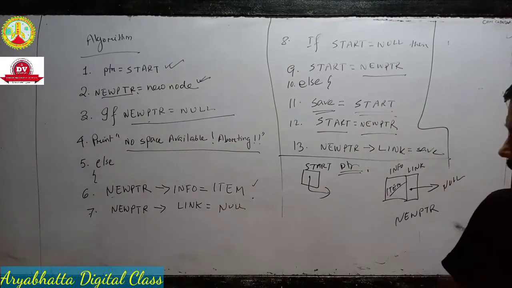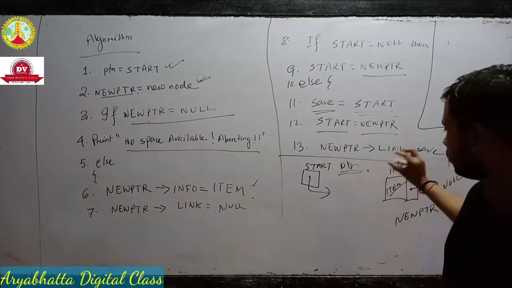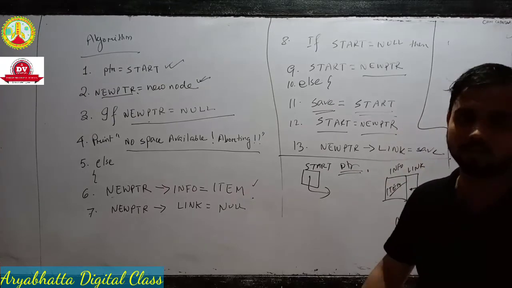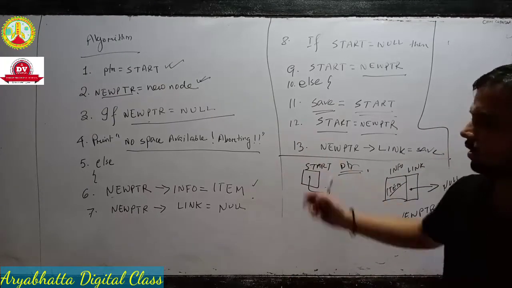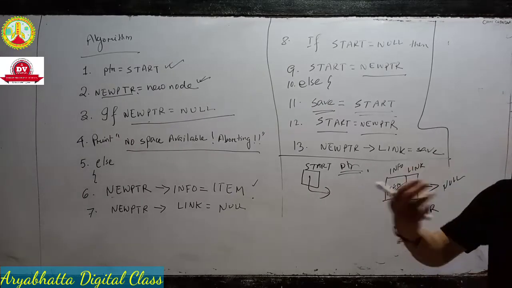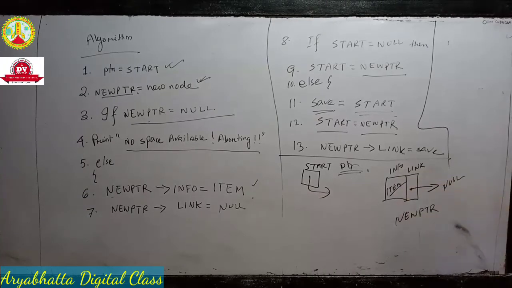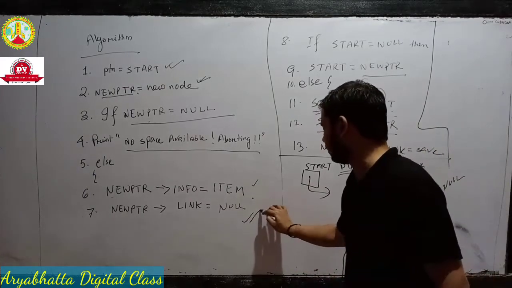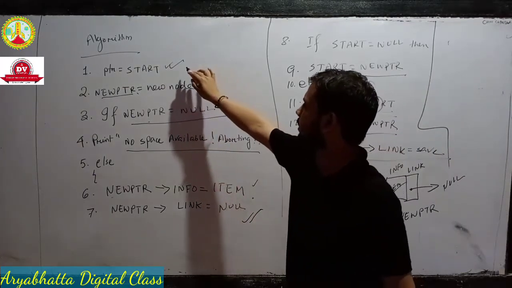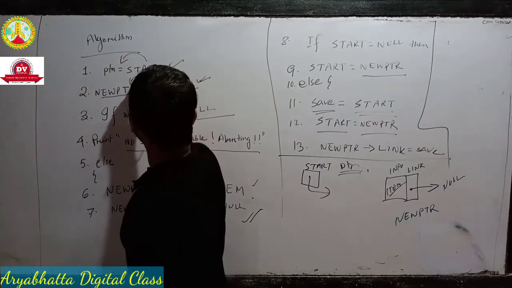But the link part contains null. Why null? Because until we add this node to an existing list, while it is independent, the link part will contain null and the info part contains only the item, this is new PTR. Up to this I hope you understood. Here we assume start as PTR and the new node as new PTR.